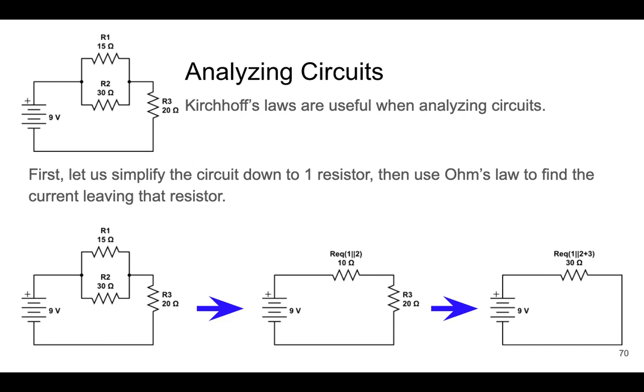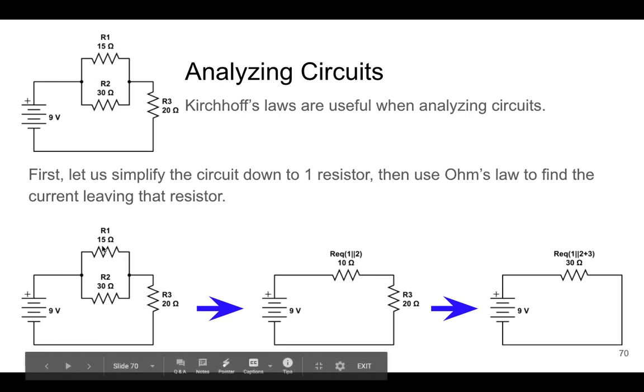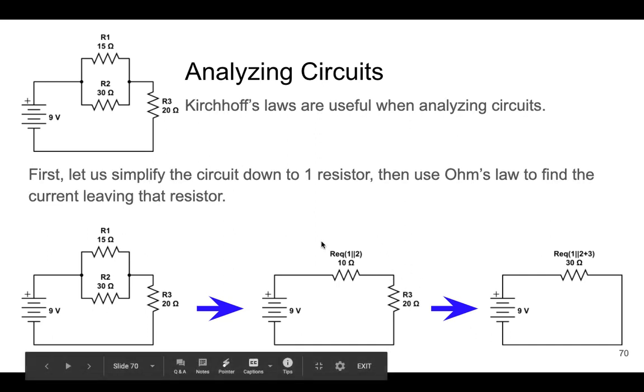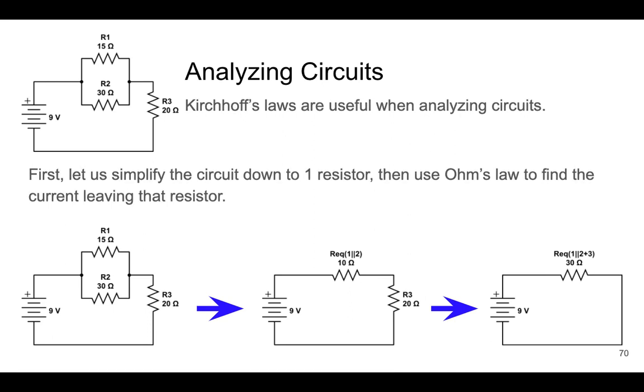So if you started with this guy, what you would do is first start simplifying things, realize that these two guys are in parallel, so find the equivalent resistance of those. Then that equivalent resistance is in series with this guy, so you find the equivalent resistance of this combination, and you're down to here. So again, when you're doing this, don't be lazy. A lot of you have been trying to be lazy when you're doing this.